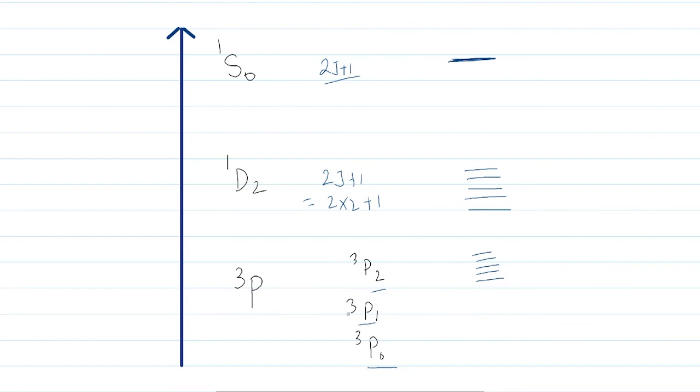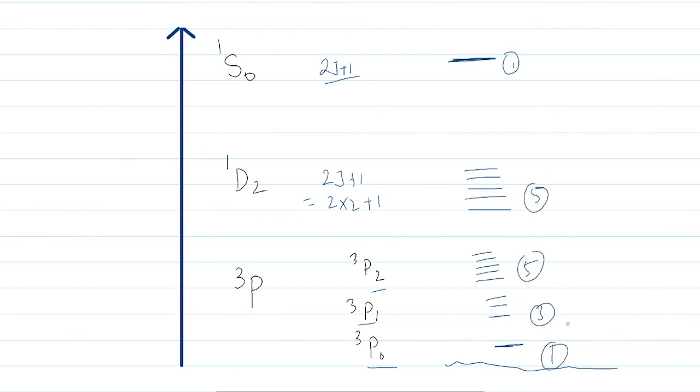And then for 3P1, how many? 2 into 1 plus 1 is 3. 1, 2, 3. And then for 3P0, 2 into 0 plus 1, 1. Okay, so now what you have to do is count all of these. So this is 1, this is 5, 5, 3 and 1.